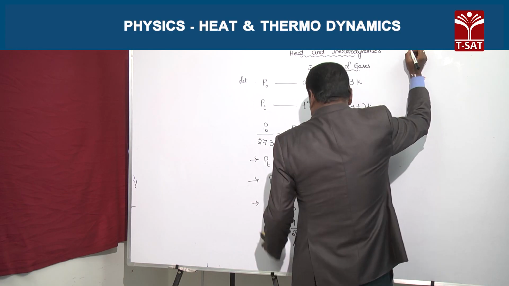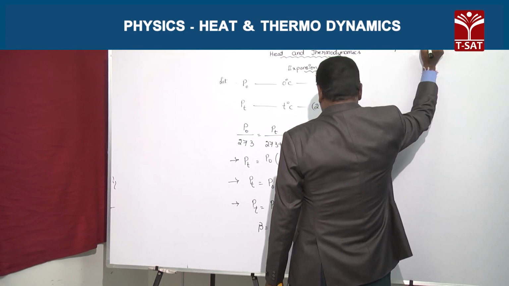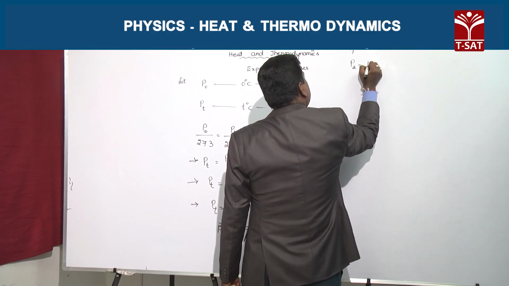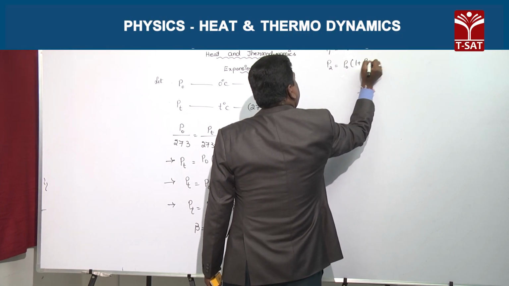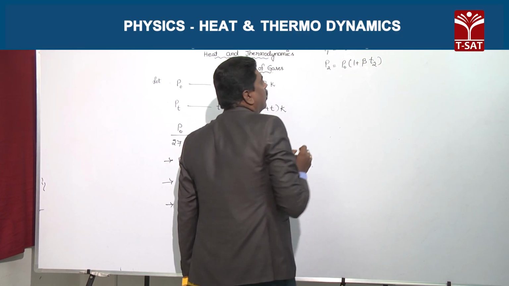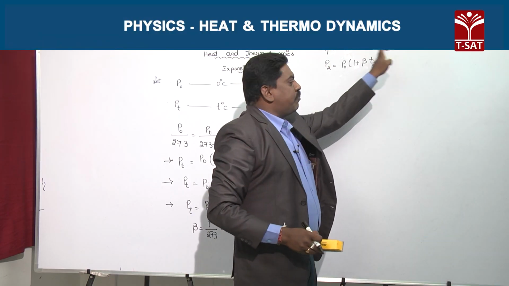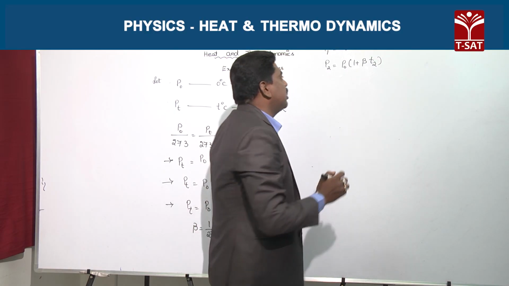From the given equation, P1 equals P0 into 1 plus beta T1, and P2 equals P0 into 1 plus beta T2.